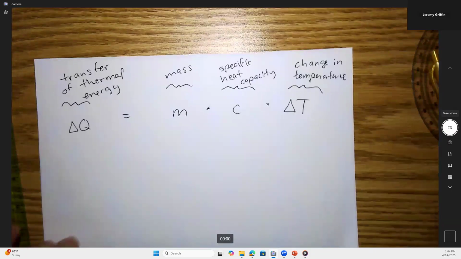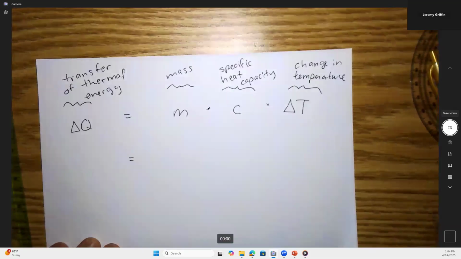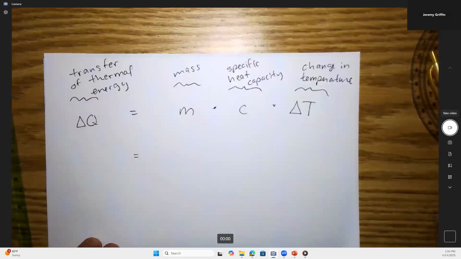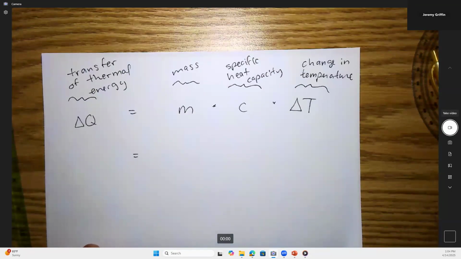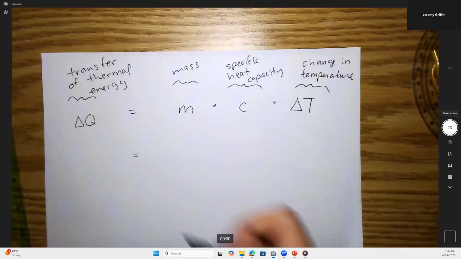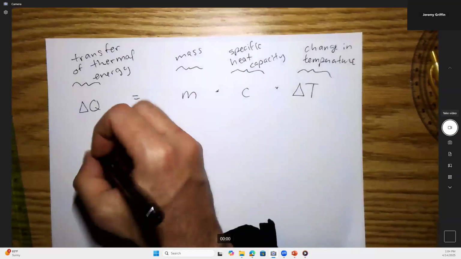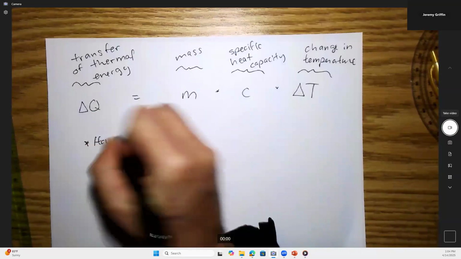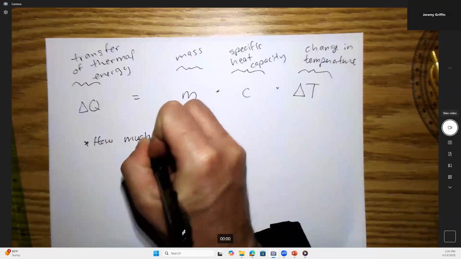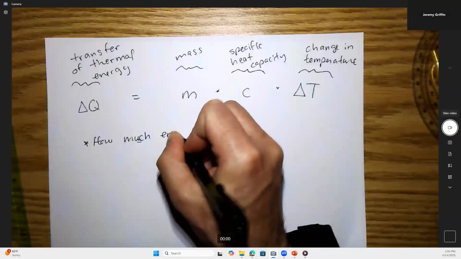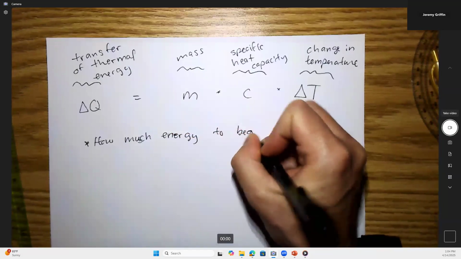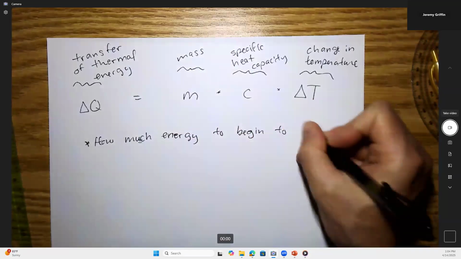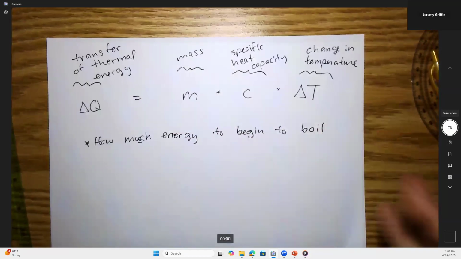Let's go with some numbers. What if the question is, how much energy would it take to boil, no, scratch that, not even boil, to begin to boil a liter of water, because boiling itself is a separate process from this.